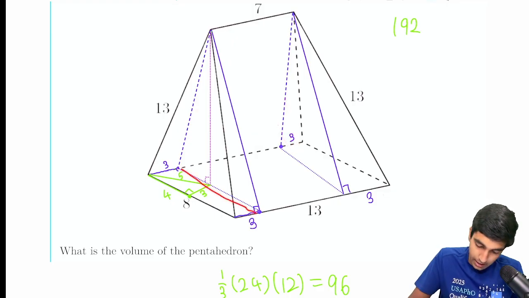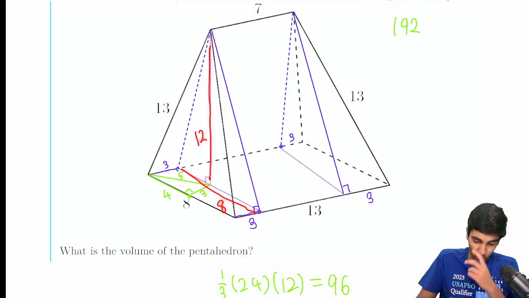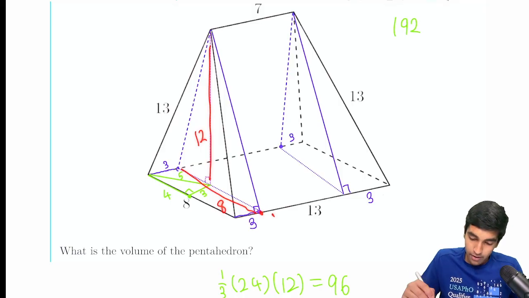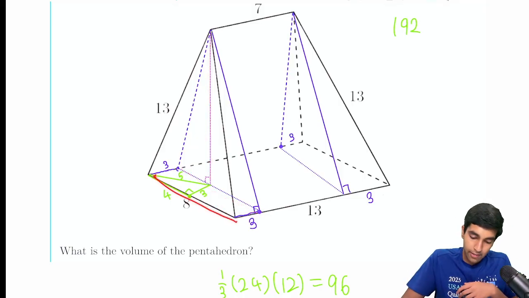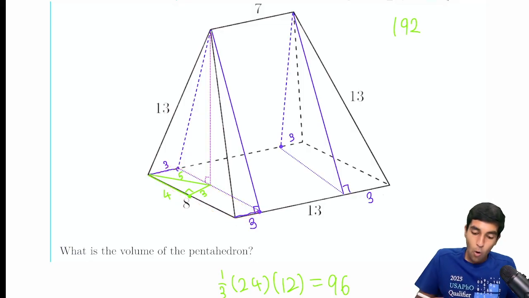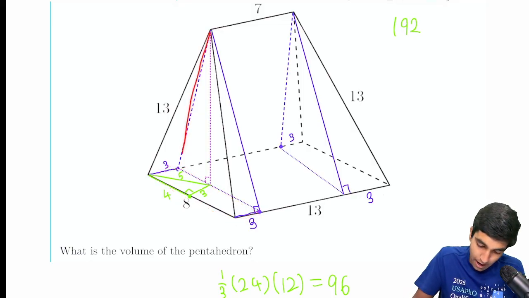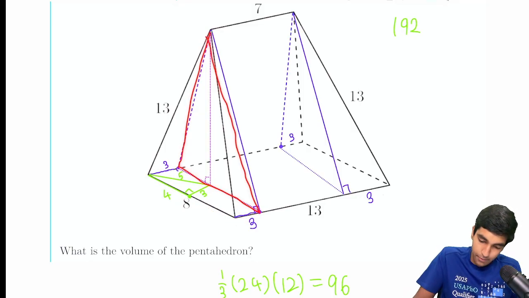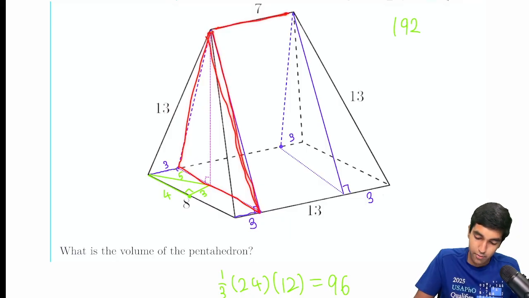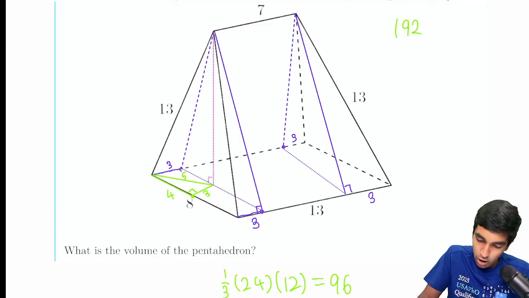Now what's the volume of this middle region? Notice this is 8, and we know this height is 12. Here's the idea: in the pyramid, we have this as the base. For the prism, we want to have this as the base, because then we have this height of 7, and we can see that this is a prism shape. So what's the volume of this prism?